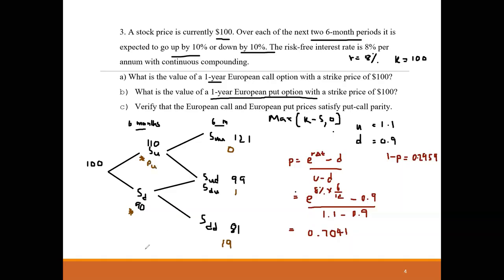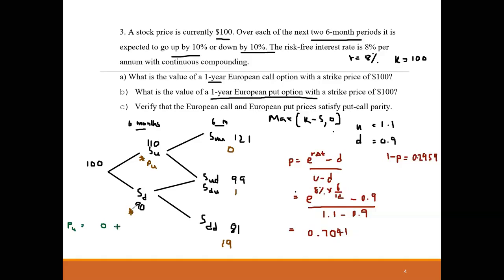If I take that into account, then I can write PU will be equal to, first, the expected payoff. We know if it goes up from here, the payoff is 0. So we can simply take it as 0. If the payoff is 0, the expected value will also be 0.